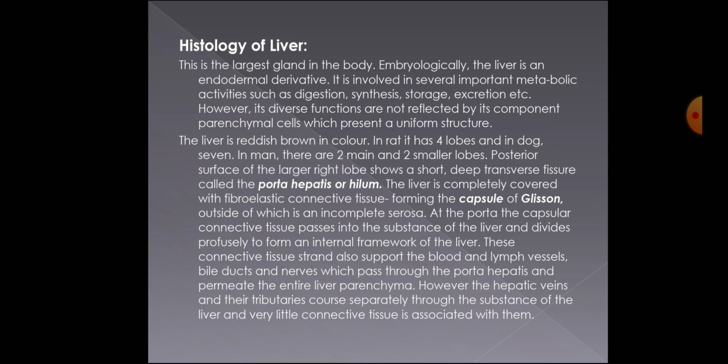The liver is completely covered with fibroelastic connective tissue forming the capsule of Glisson, outside of which is an incomplete serosa. At the porta, the capsular connective tissue passes into the substance of the liver and divides it into an internal framework.